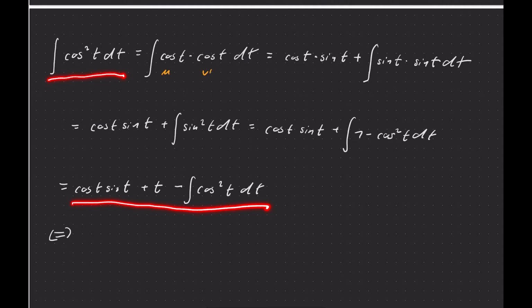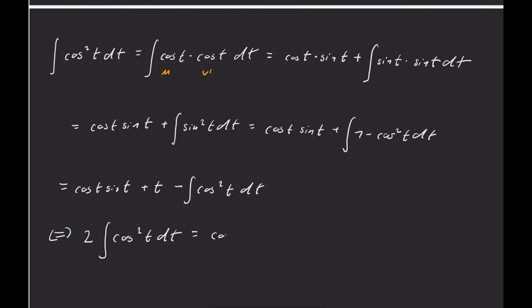And we can now try and solve this equation for the integral that we're actually looking for. So what this is equal to is 2 times the integral of cosine squared t dt, I'm just bringing the integral to the left-hand side, is cosine t sine t plus t.